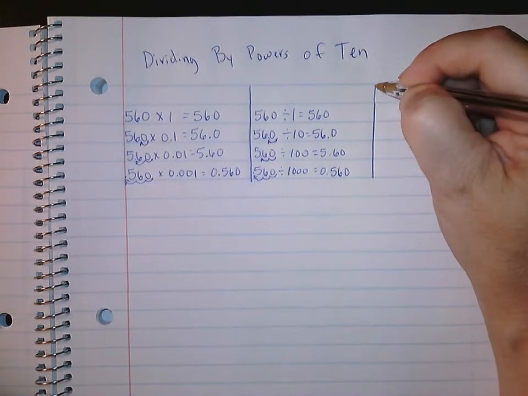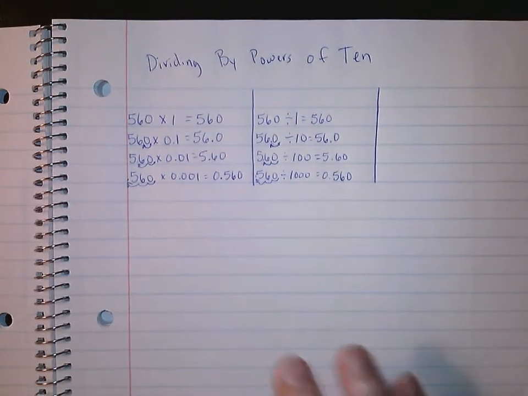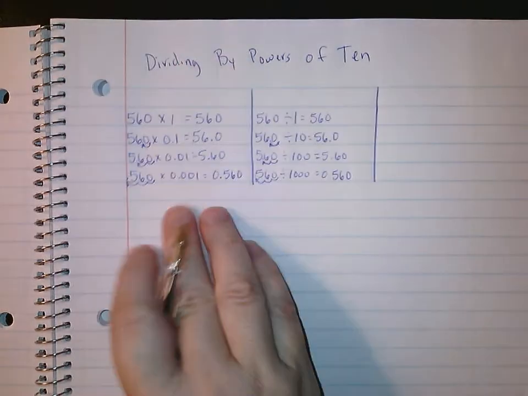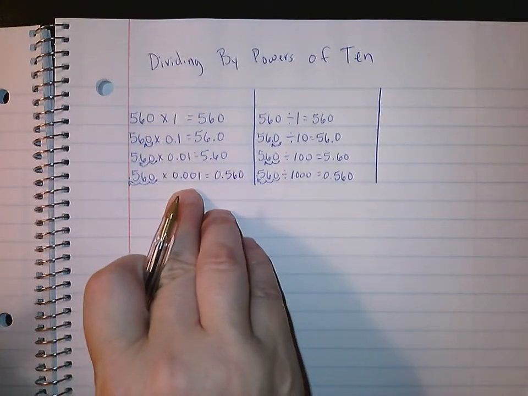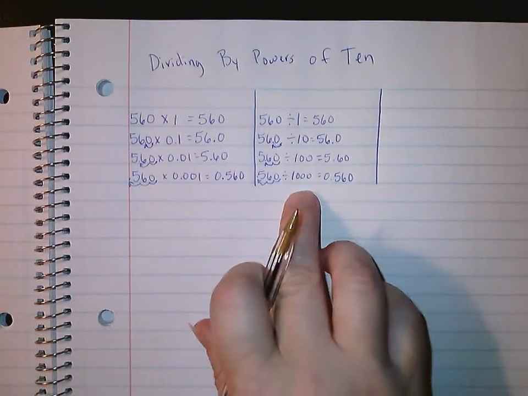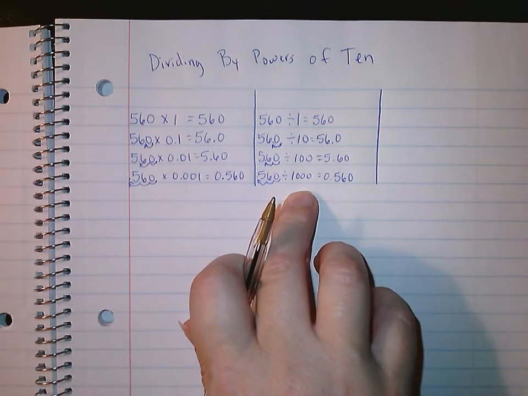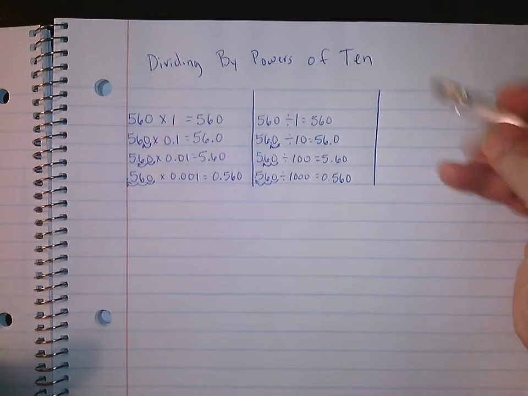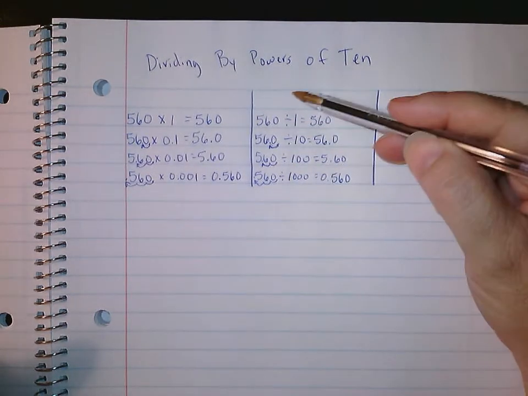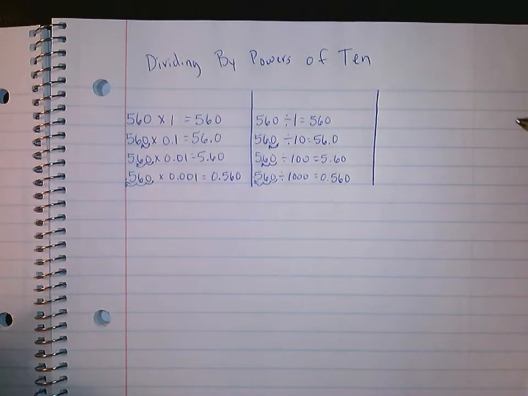So the last column I'm doing, so this was just multiplying by a fraction or a decimal. This was dividing by 10, 100, 1,000. In this one I'm going to change these numbers to exponents. So I'm going to use exponents in the power of 10.